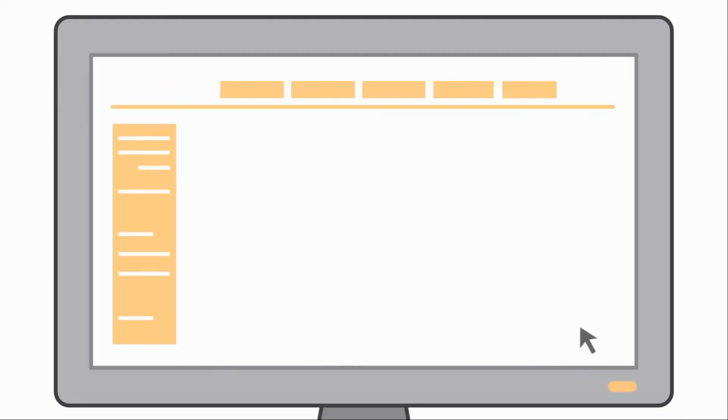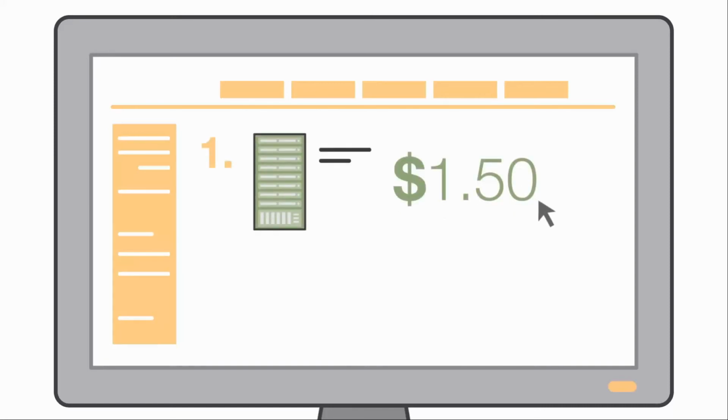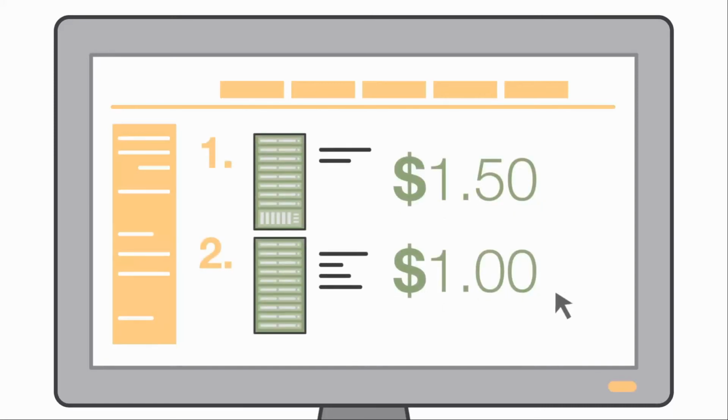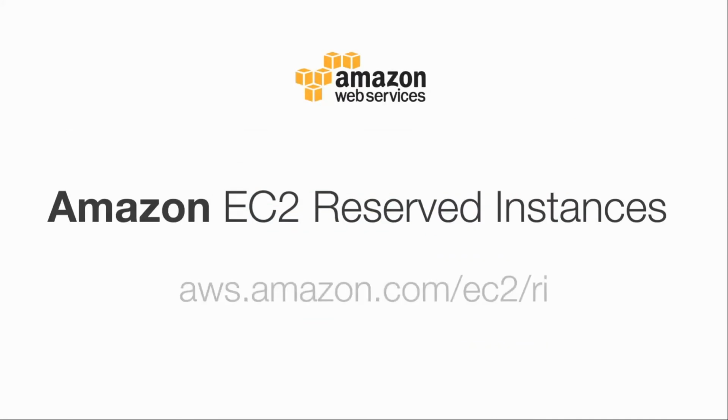To purchase, go to Reserved Instances in the EC2 dashboard of the AWS Management Console. Reserved instances are sold by AWS and by third-party sellers, who occasionally offer even deeper discounts at shorter terms. Remember, there's no physical difference between a reserved instance sold by a third party and AWS, so you can buy from third-party sellers with confidence. To learn more, visit our website today.